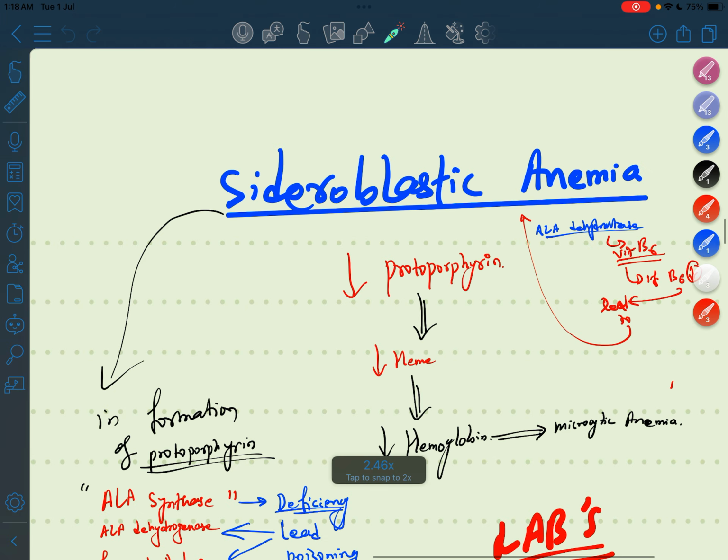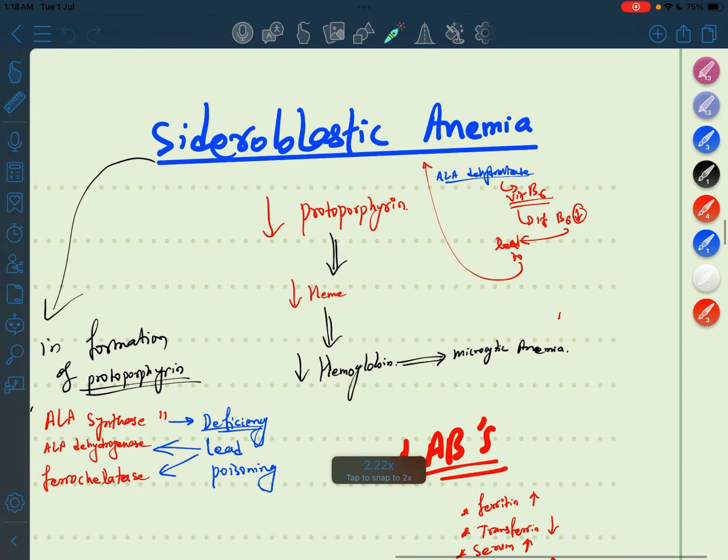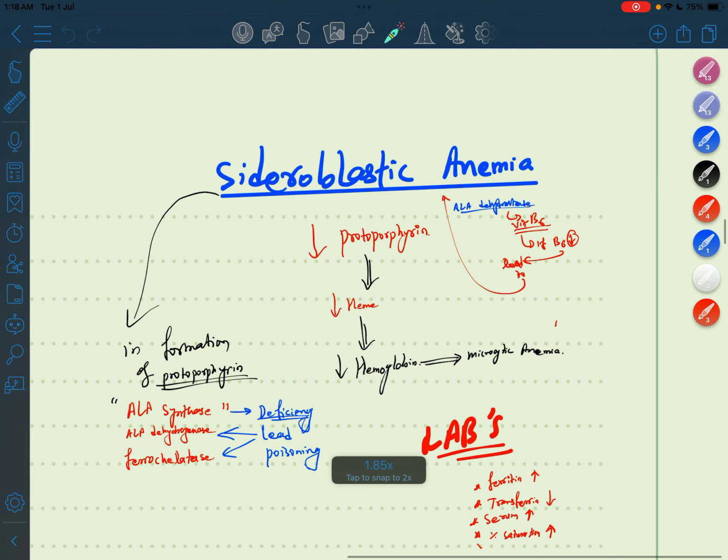In sideroblastic anemia, there is decreased protoporphyrin and hemoglobin, causing microcytic anemia.